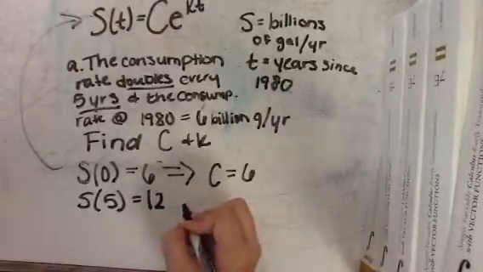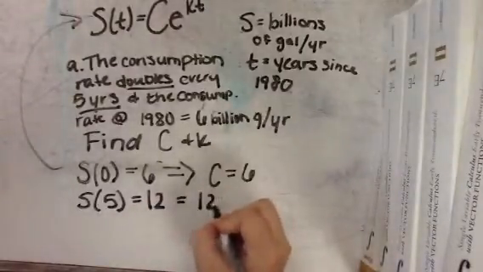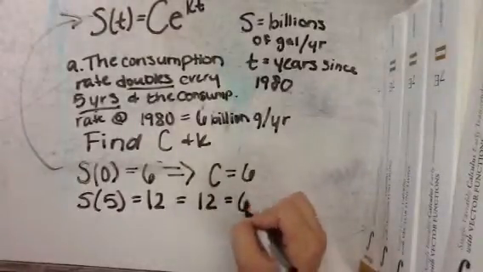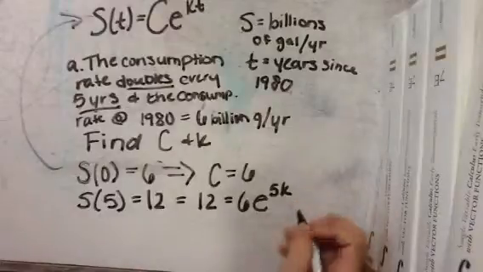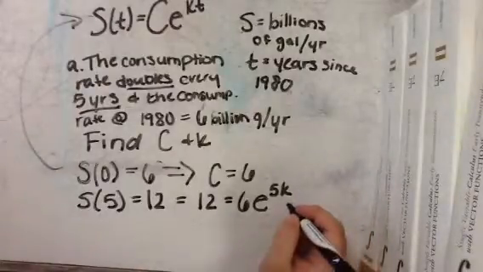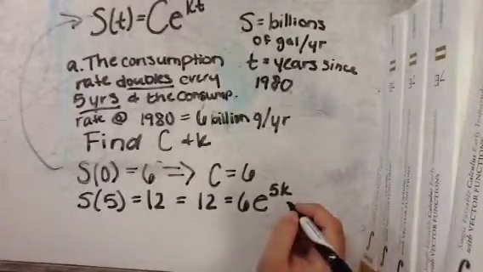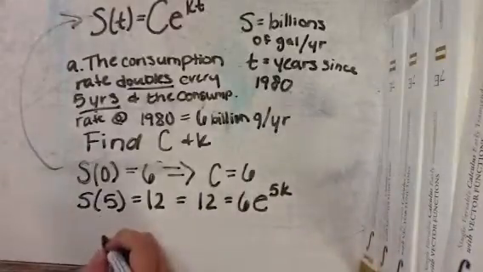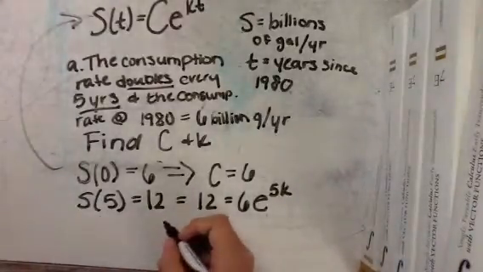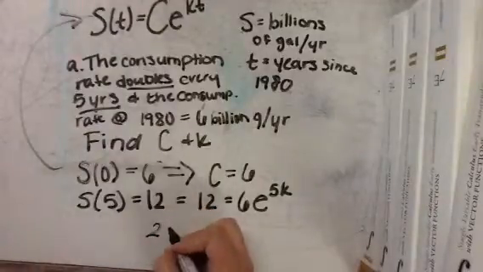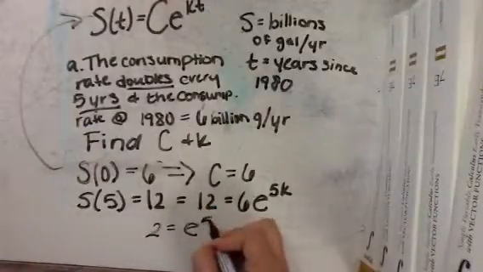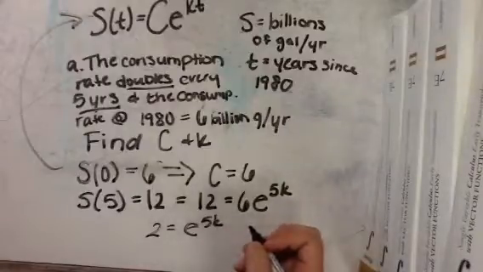So 12 equals 6e^(5k), which simplifies to 2 equals e^(5k).